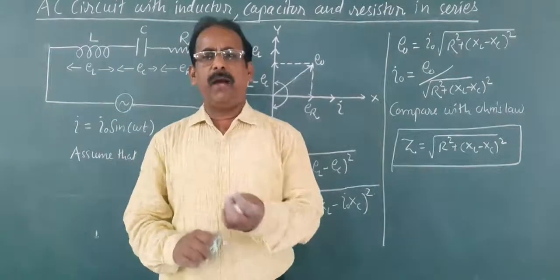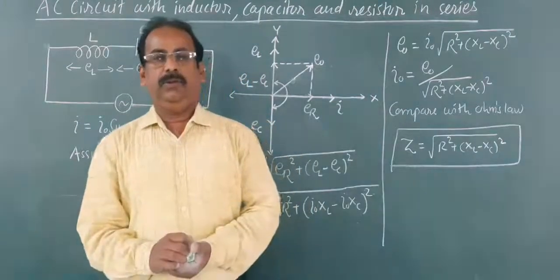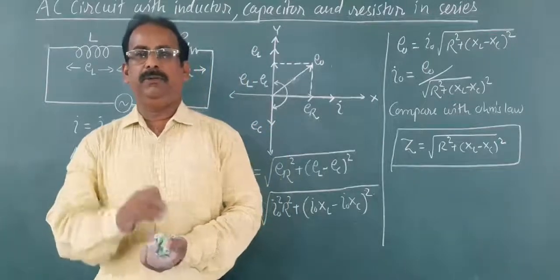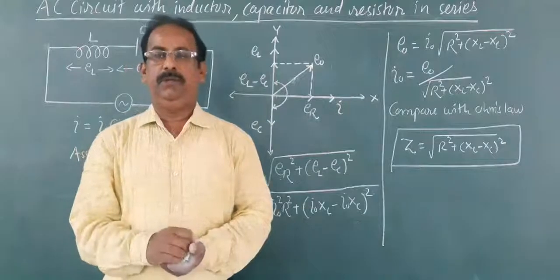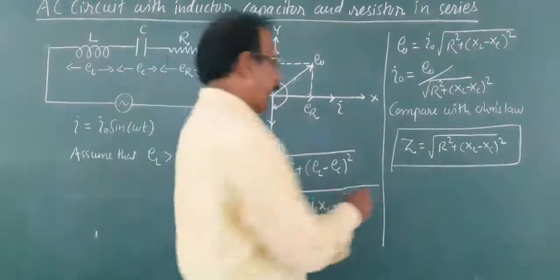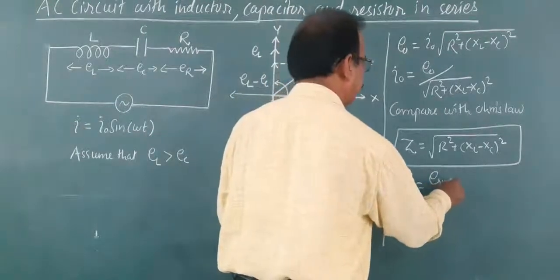The reciprocal of impedance is called admittance. Its unit is ohm inverse. You can define this Z in another way also.